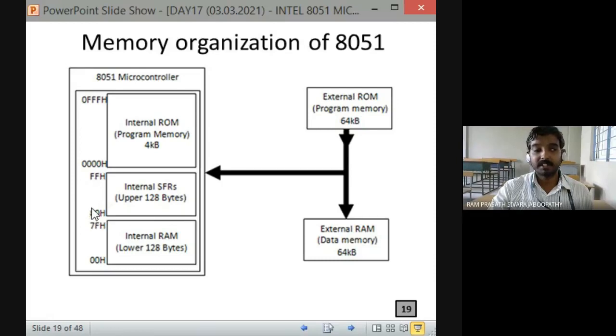Each register is mapped at some location in the address space. That means you can address the register through its address, or you can use the name of the register in your instruction. Both are possible.